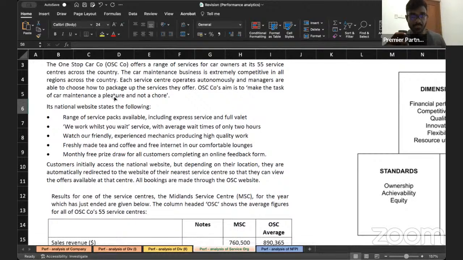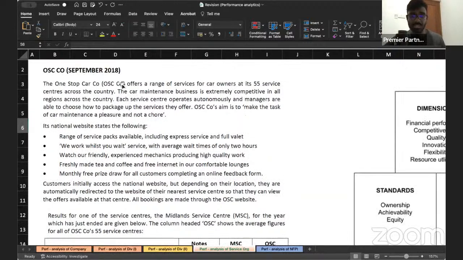This is what we call a service company, a garage, that has outlets in 55 centers. Like in our country, Toyota service centers are there in Ratmalana, one in Vattala. You're looking at a service station with a number of outlets, something like that.